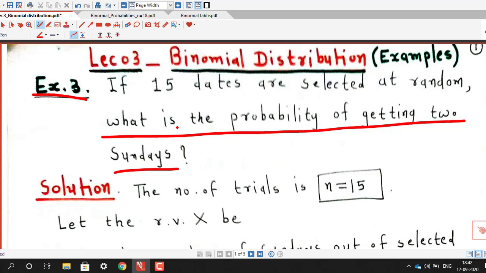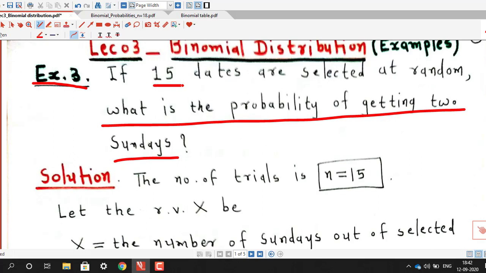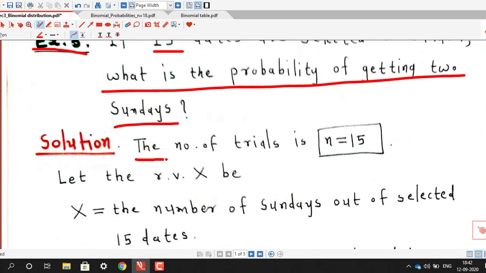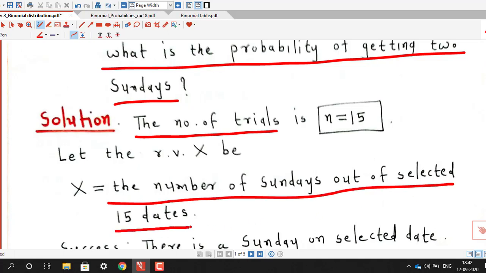So that indicates that we will define the random variable capital X to be the number of Sundays among these 15 selected dates. And because we want to check for 15 dates, we can say that the number of trials is n equal to 15. For each date we will check whether there is a Sunday on that selected date or not.